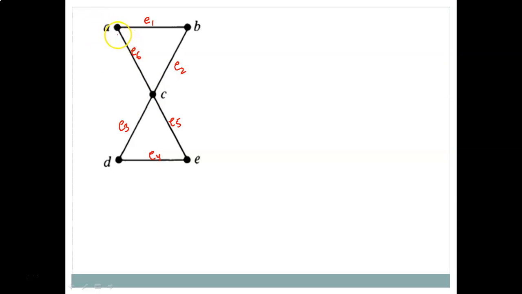When we are starting from this vertex, along the edge E1, then I write it. I am starting from A, then along the edge E1. Of course, when we are traversing through E1, we have to move to the vertex B also.